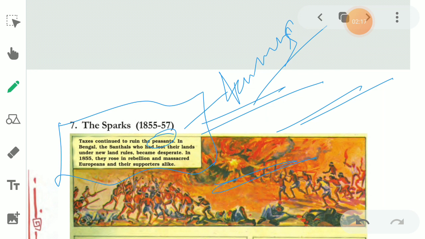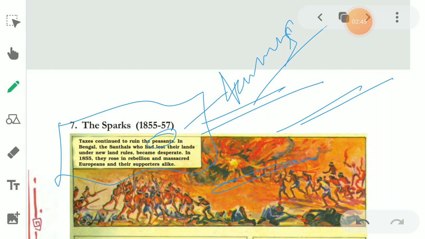In Bengal, what happens? The Santals, who had lost their lands under new land rules. Santals are a farmer's family, no? They lost their lands just because of these new rules which were introduced by the British. In this way, they became desperate.